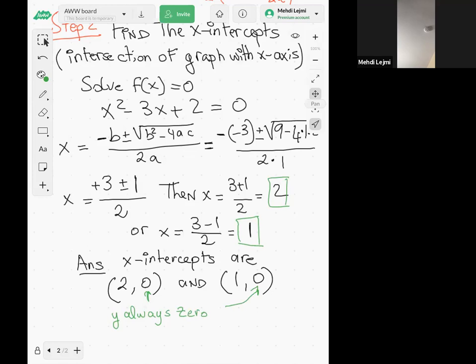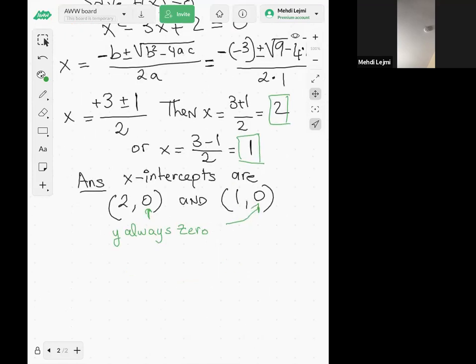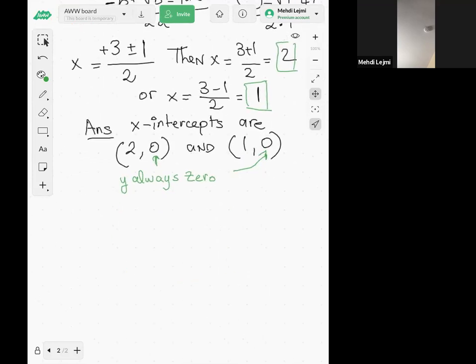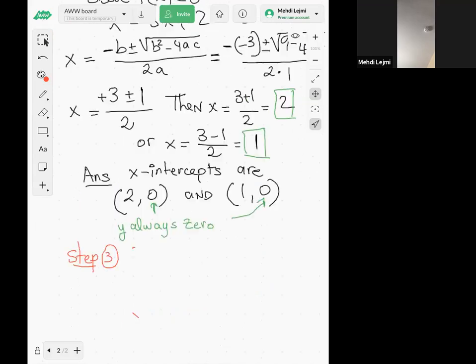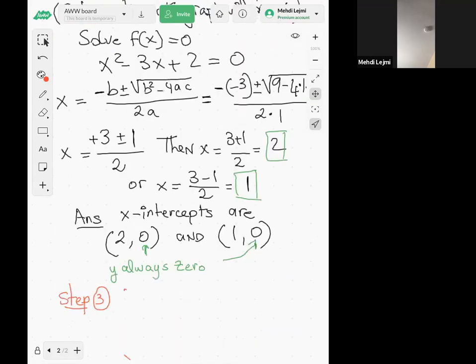Find the x-intercepts. Third step would be to find the y-intercept, and then we are almost done. So step 3 would be to find the y-intercept.